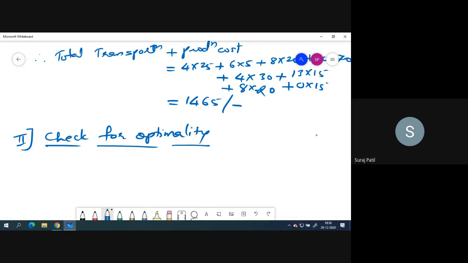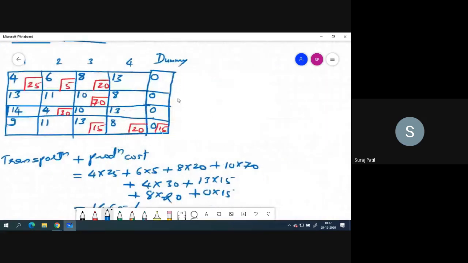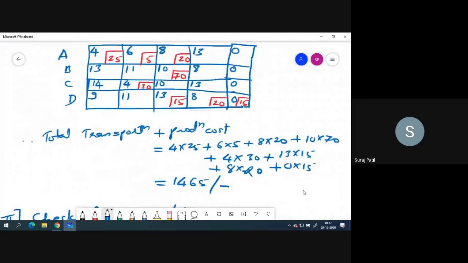First check whether the number of allocations is equal to m plus n minus 1 or not. That is the number of rows plus the number of columns minus 1. Number of rows, how many are there? 4. 1, 2, 3, 4. Number of columns, 5. Correct? You should include the dummy column also.